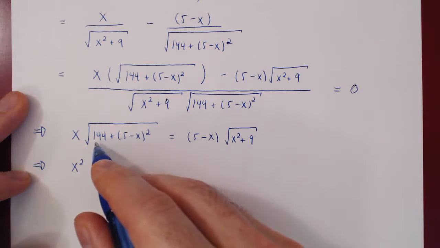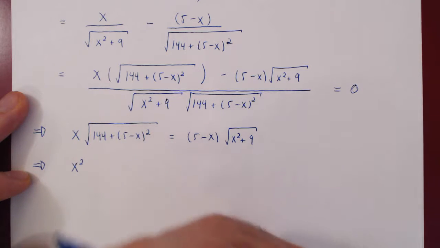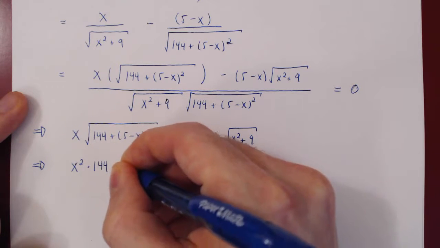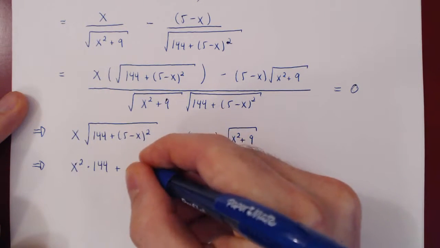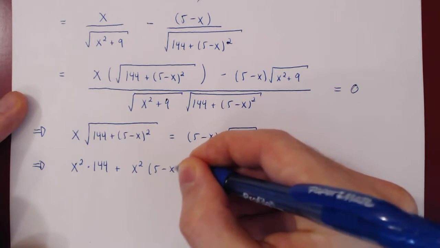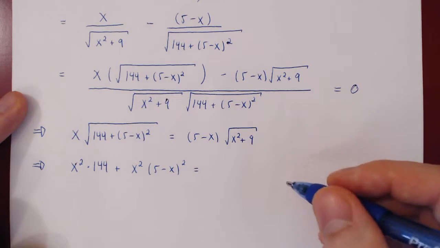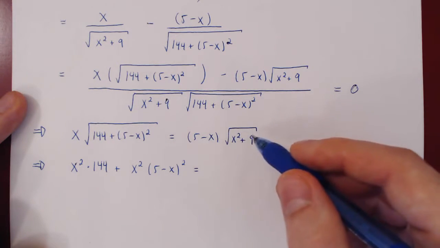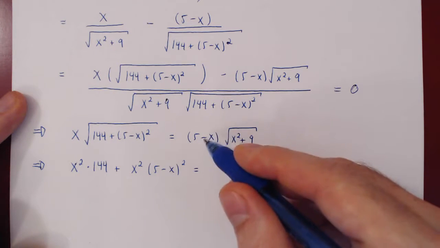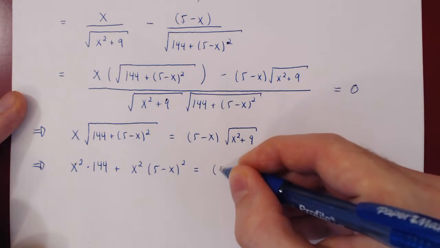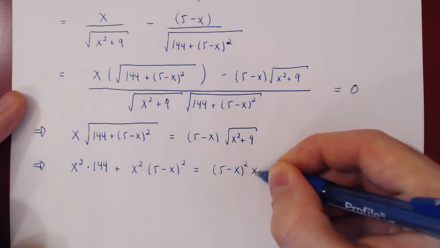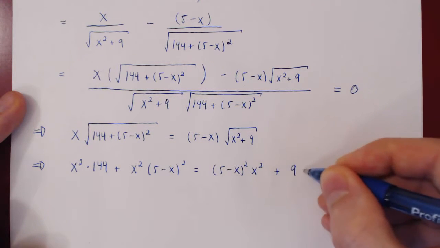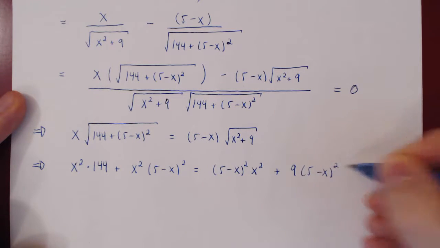And you have x squared times the argument, so if you distribute, x squared times 144 plus x squared times 5 minus x all squared equals, on the right hand side, 5 minus x all squared times x squared, plus 9 times 5 minus x all squared.